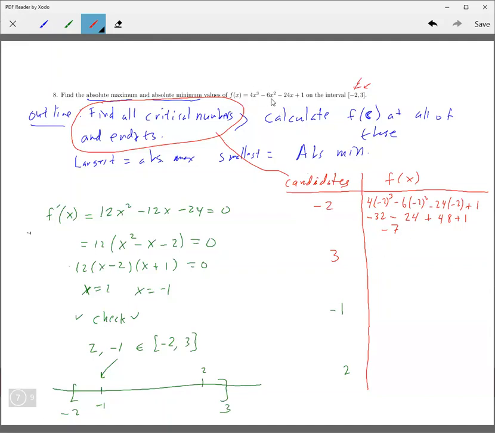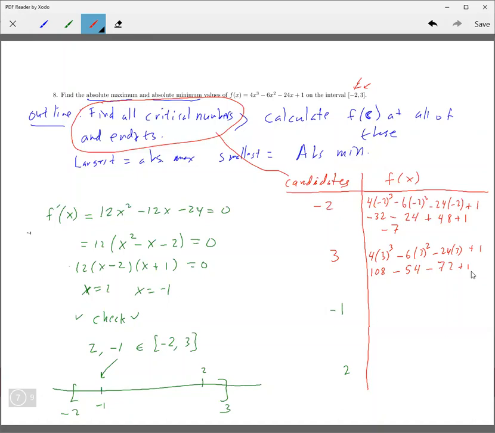Okay, now f of 3. So plug a 3 in: 4 times 3 cubed minus 6 times 3 squared minus 24 times 3 plus 1. So this is 27 times 4, which is 108, minus, let's see, 6 times 9 is 54, minus 24 times 3, 72, plus 1.